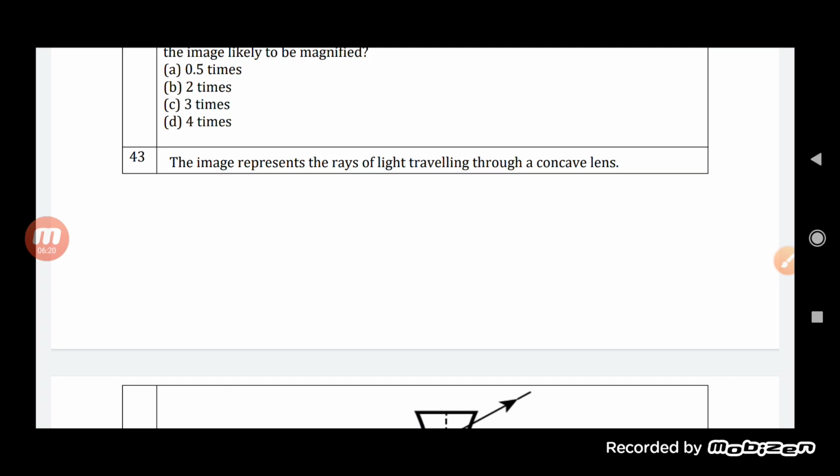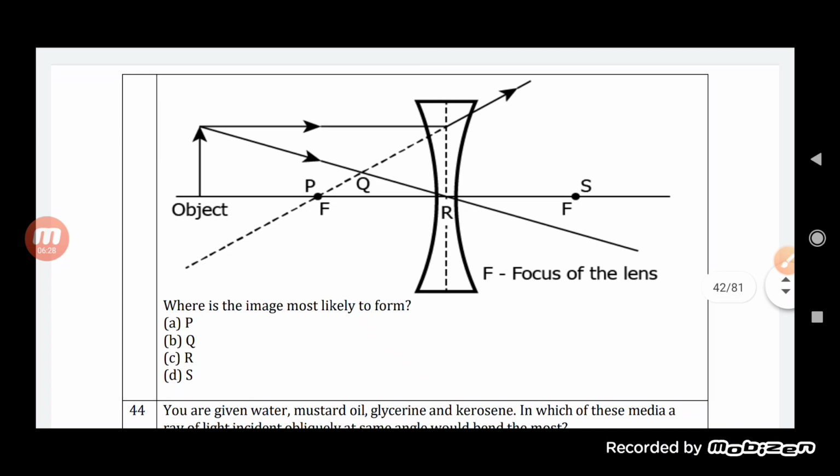Okay, this is the image which represents the rays of light traveling through a concave lens. Now you see here, where is the image most likely to be formed? The object is kept here, and from the object one of the rays is parallel to the principal axis, and it shows divergence.